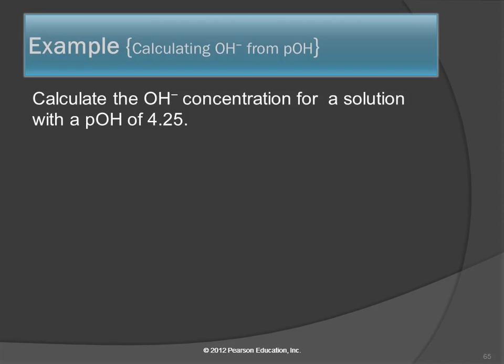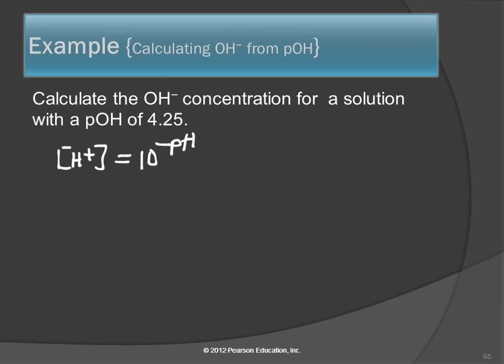Okay, so calculate the hydroxide ion concentration for a solution with a pOH of 4.25. Well, how did we do this for hydrogen ion concentration? We said that the hydrogen ion concentration was 10 raised to the negative pH.